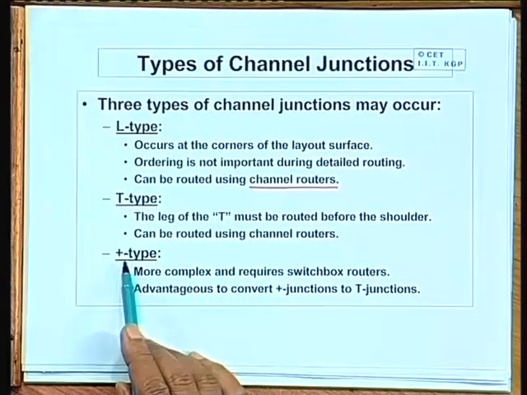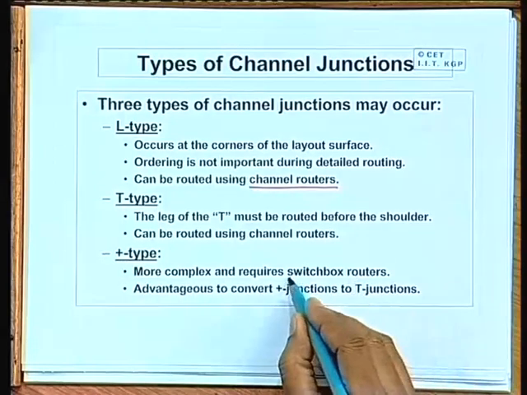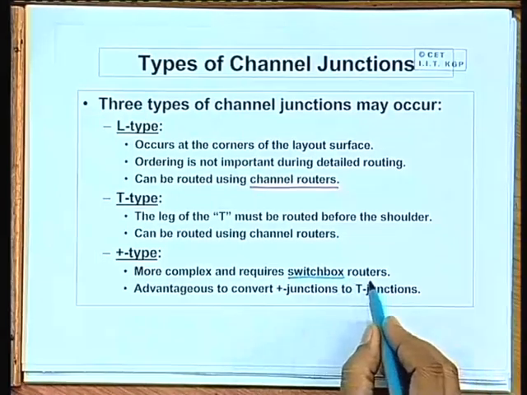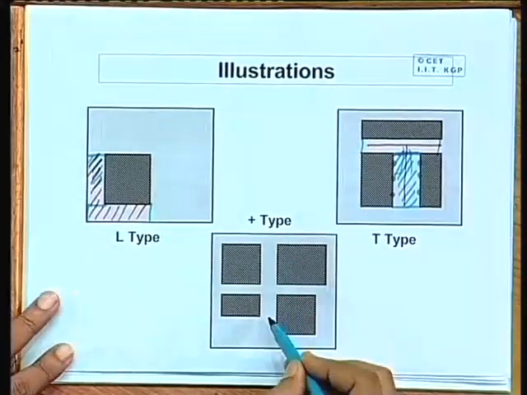But the more complex kind of channel has a shape like a plus, where you will have switch boxes. You will require switch box routers, which are typically much more complex as compared to channel routers. So, an example like this.